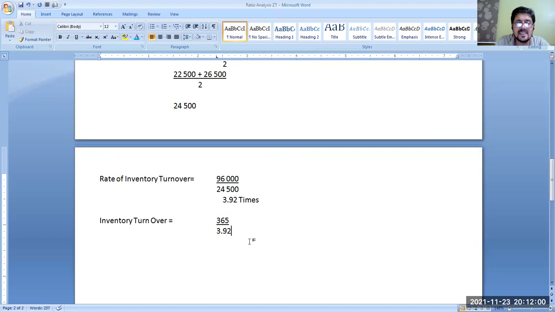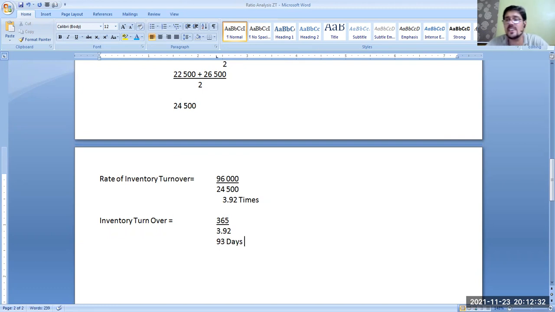How many days in a year? 365. What is your rate of inventory turnover? 3.92. And you will get the answer: 365 divided by 3.92 is 93.11, so that is 93 days.